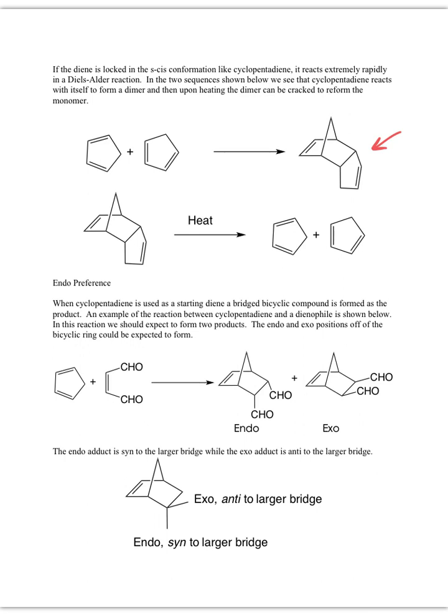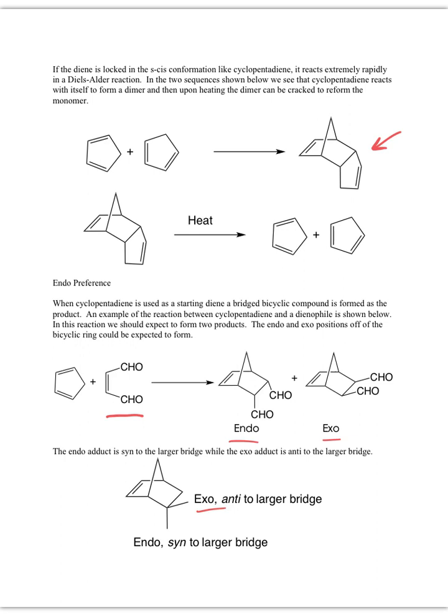In this, the groups on your dienophile prefer to be in the endo conformation as opposed to the exo conformation, just because of how they line up with respect to the larger bridge and how it lines up with the orbitals on the carbonyls and the double bonds.